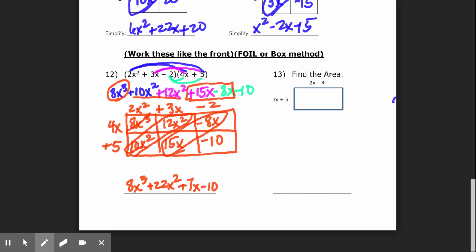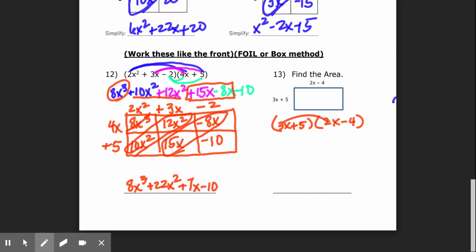It says find the area. We could use the FOIL method, or if you want to use the Punnett square, you could. It really makes no difference. I'm just going to use the FOIL method. 2x minus 4.